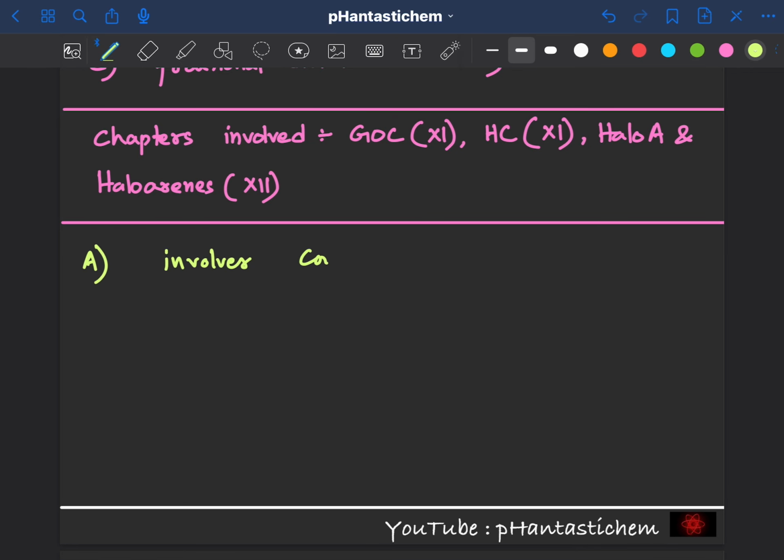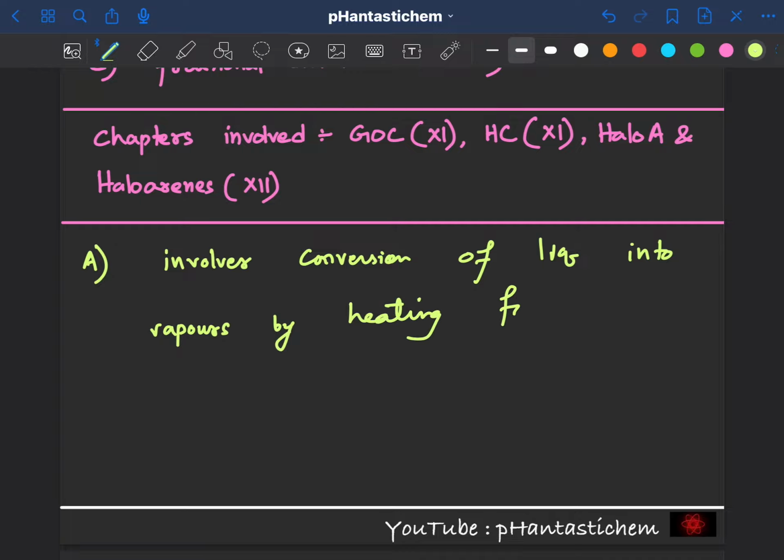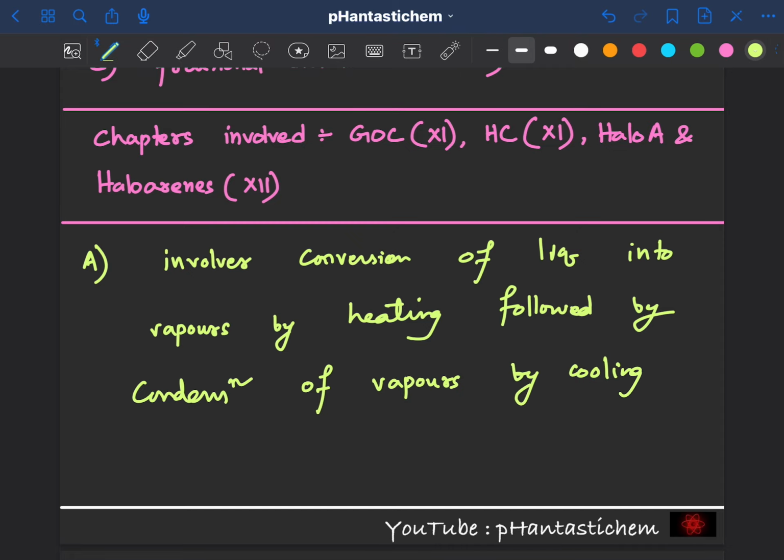So let us say A is for simple distillation: it involves conversion of liquid into vapors by heating, followed by condensation of vapors by cooling. So this is what we do.